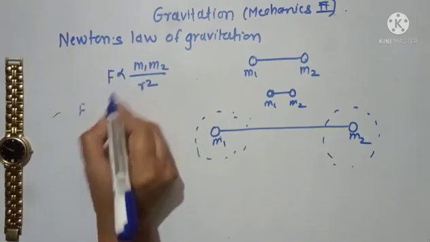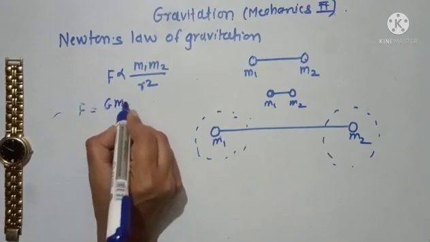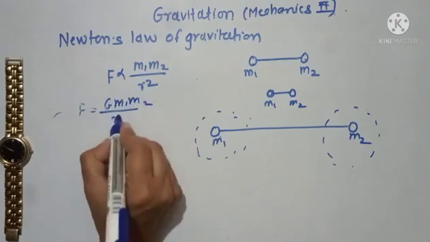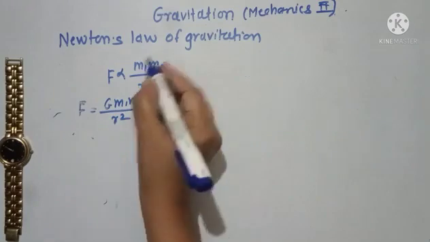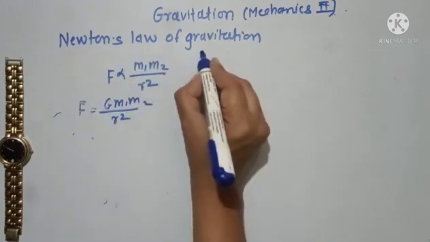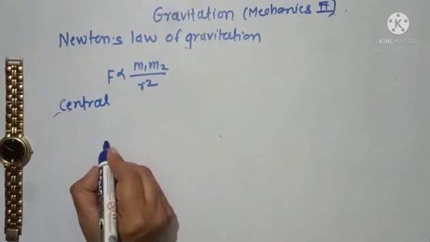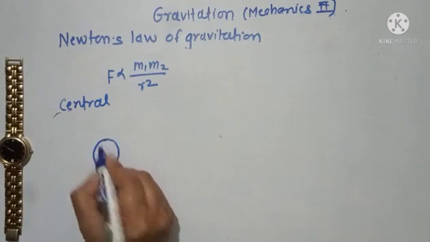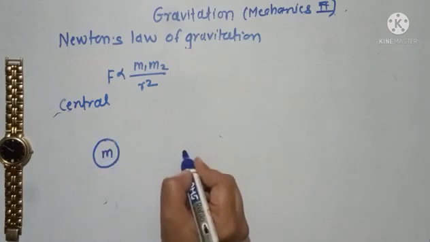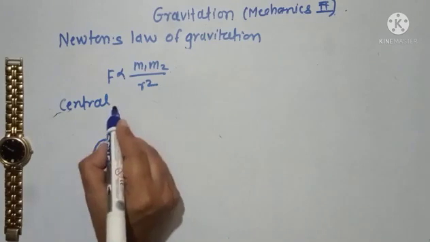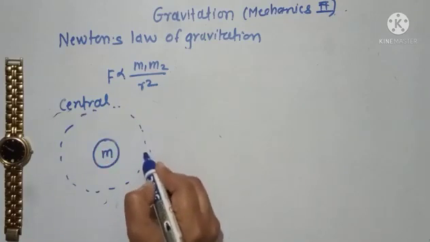And if you remove the proportionality sign, it will be G m1 m2 upon r square, where G is the gravitational constant. Now this gravitational force field is a central force. Suppose there is a body of mass m, and another body enters its gravitational force field like this.